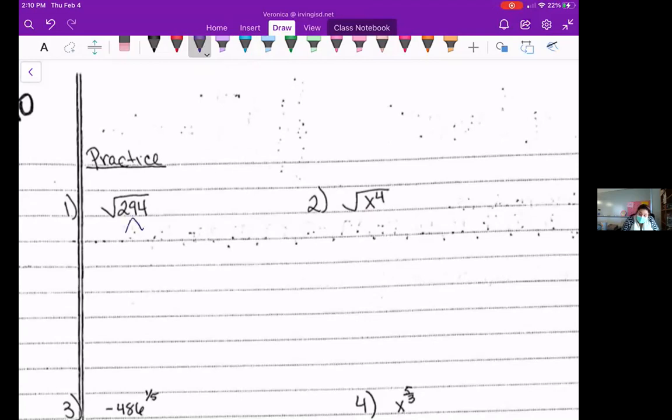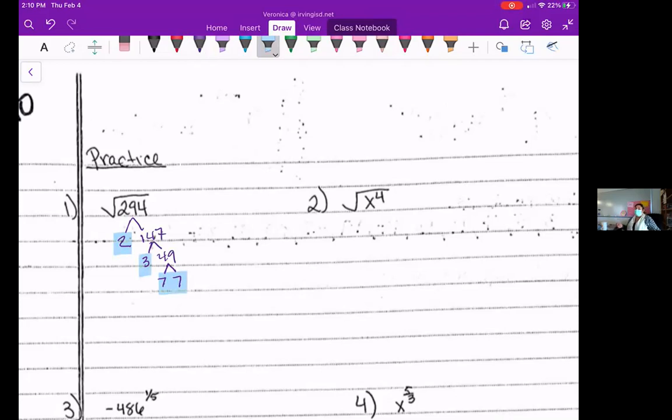So 294, what gives me 294? 2 times, because 2 is a prime number, so 294 divided by 2 is 147. 147 is not divisible by 2, but it could be divisible by 3, which it is. 147 is 3 times 49. And then we see that 49, well, it's 7 times 7. So that means that this is my prime factorization, right? 2 times 3 times 7 times 7 will give me 294.